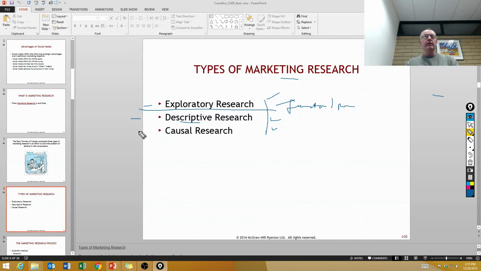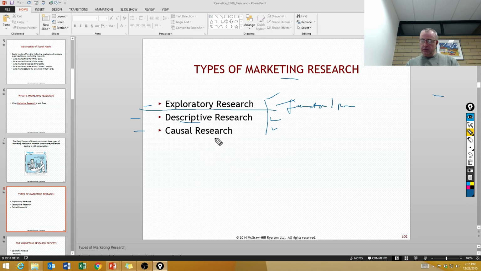And then the third form of research is causal research that identifies causal relationships between cause and effect, or between an independent variable and a dependent variable. So, for example, we might try to measure the effect on demand from a change in price, or we want to measure the effect on sales from a new advertising campaign.